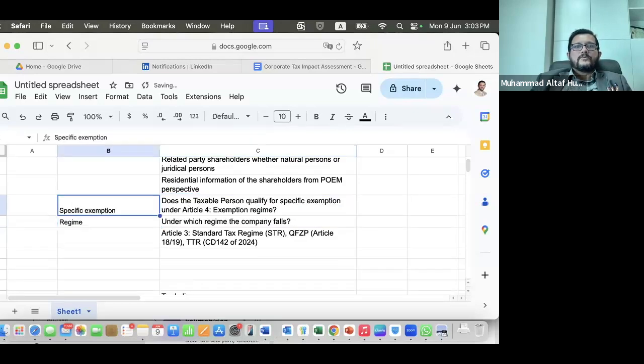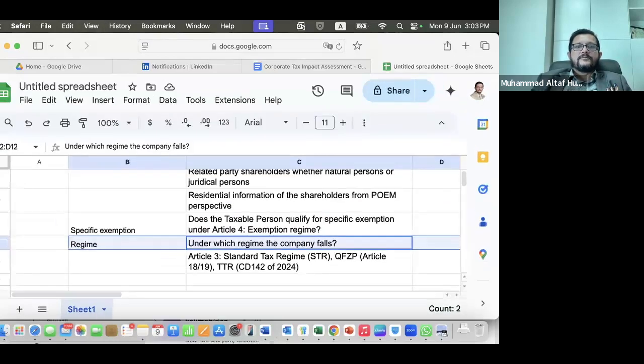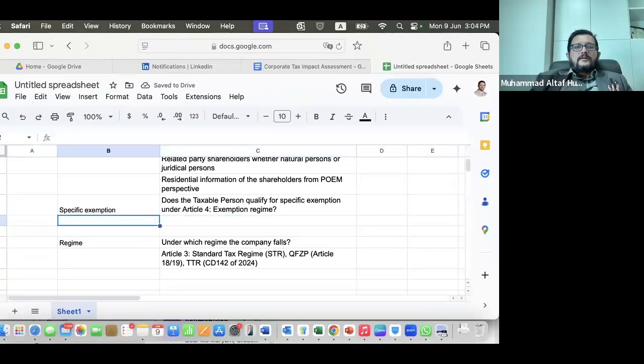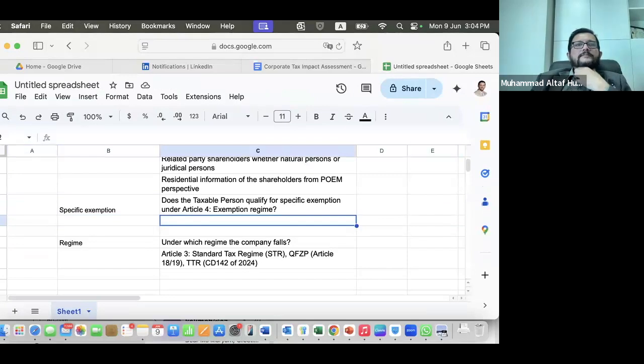So what we know, too many different specific exemptions fall into play, right? So when we say a company seems to be meeting the criteria of one of the exemptions granted under Article 4, then different types of exemption are available.